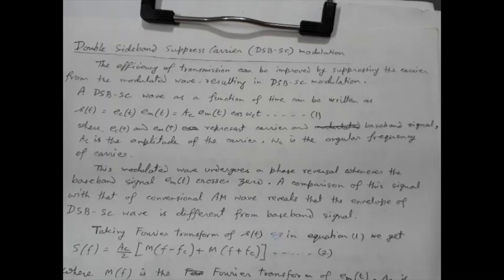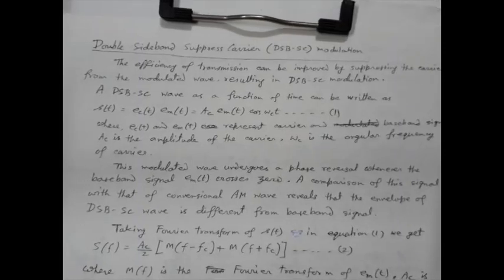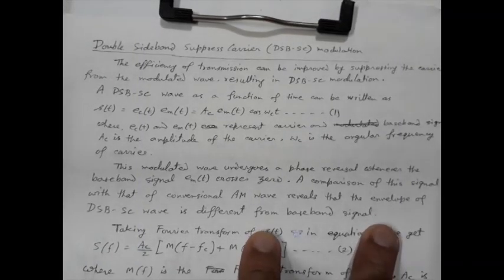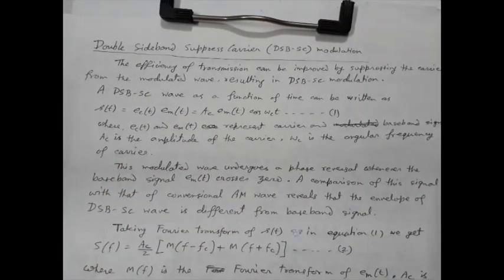So that is why it is wastage. If we want to reduce this wastage of power, we have to remove the carrier first. That means we have to suppress the carrier. So this is one of the variations of AM called double sideband suppressed carrier modulation.